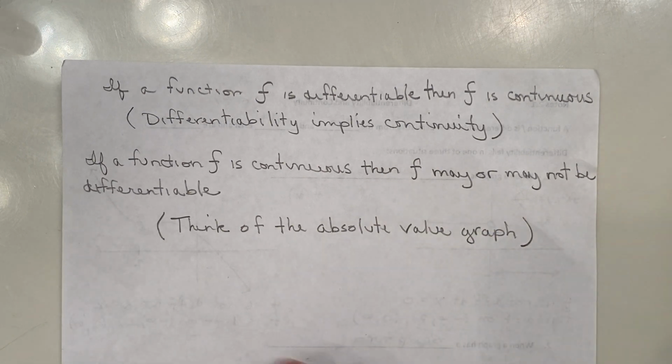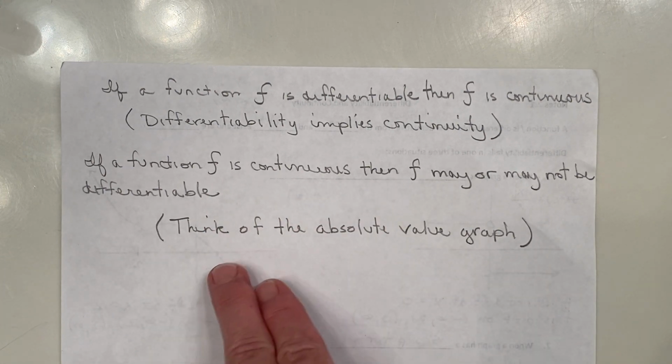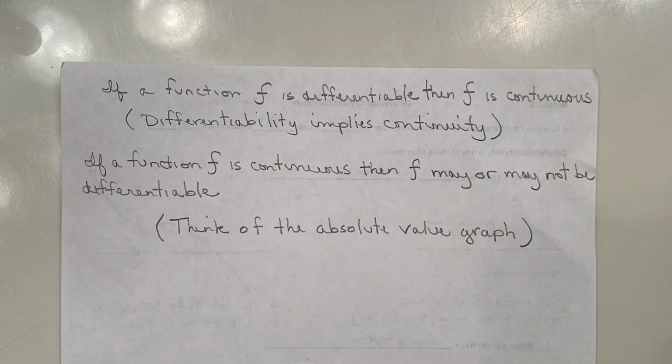So just because a graph is continuous or a function is continuous doesn't mean that it's going to be differentiable. And I just want you to think of the absolute value graph. So differentiability implies continuity, but continuity does not imply differentiability.